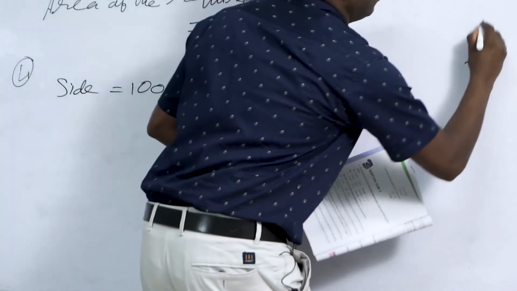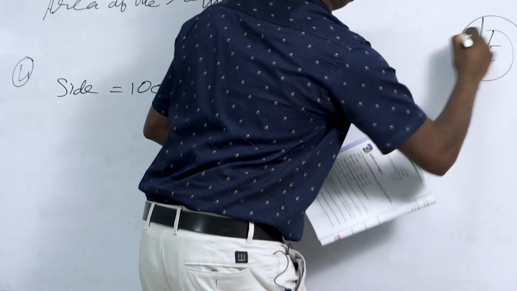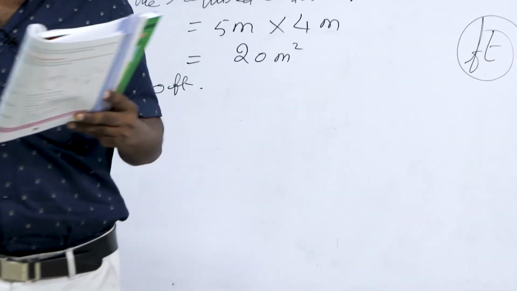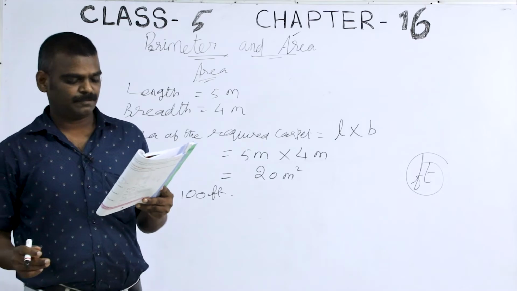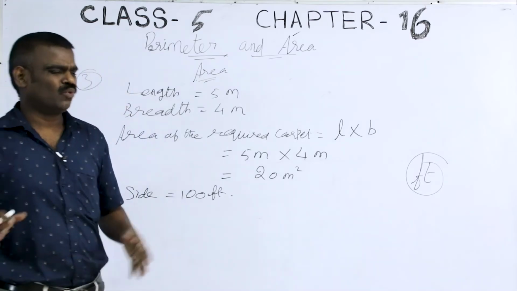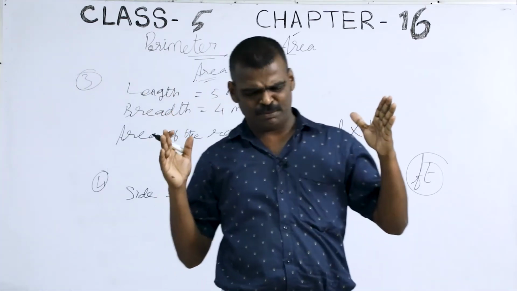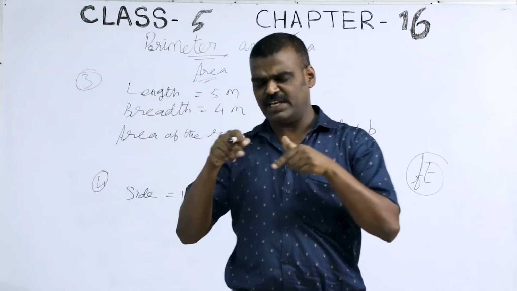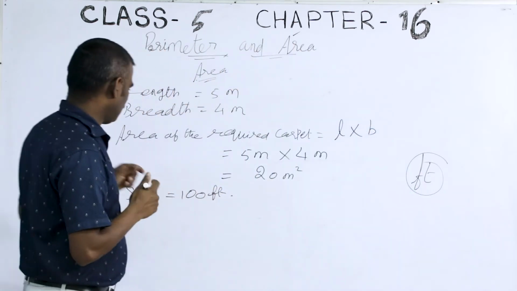What does this symbol mean? FT means feet, 100 feet. To know how much amount of money is needed, you should first know the area of the land.